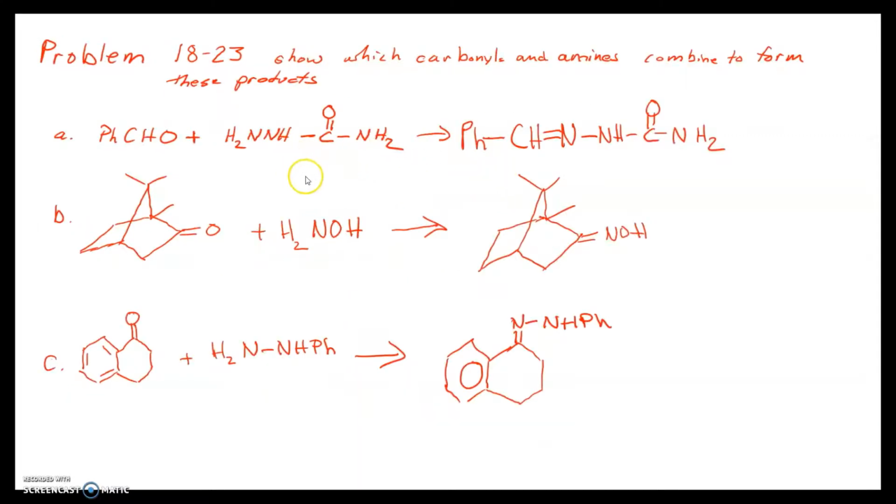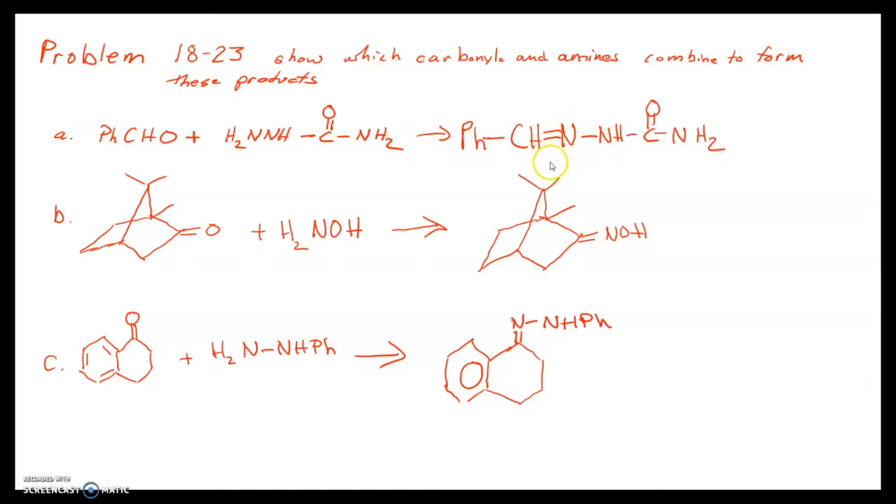Here are more examples of the reactions that we have covered in the previous slides. You could look at these reactions from this side too. You could be given a question like this one, and the question would be which carbonyl and amines were used to make these.